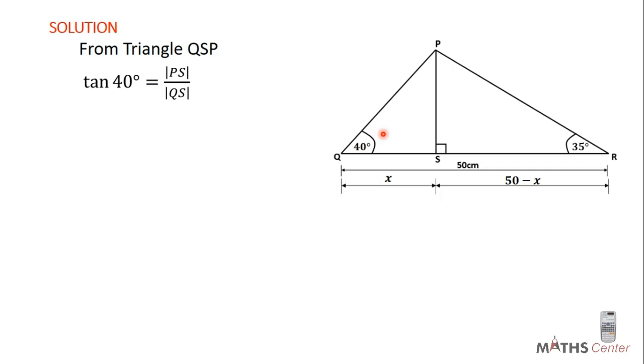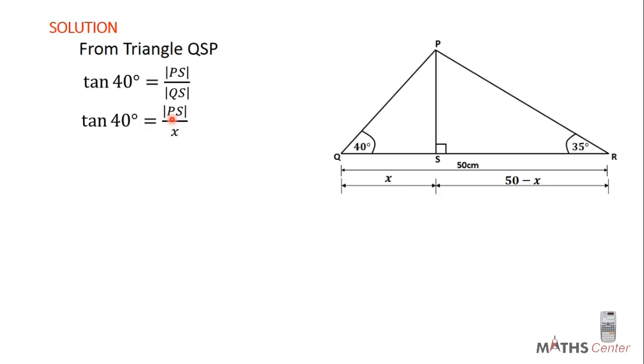So tan 40 is equal to opposite, which is PS, because that is opposite to 40 degrees, divided by adjacent, which is QS. But we are saying from this diagram that QS is now X. So we can say that tan 40 degrees is equal to PS divided by X.